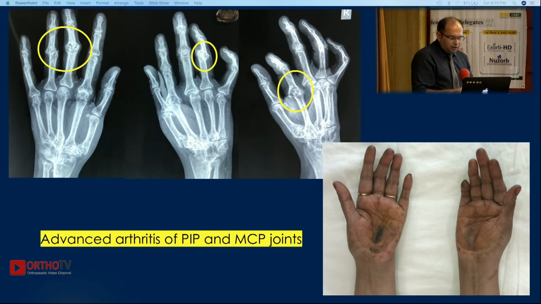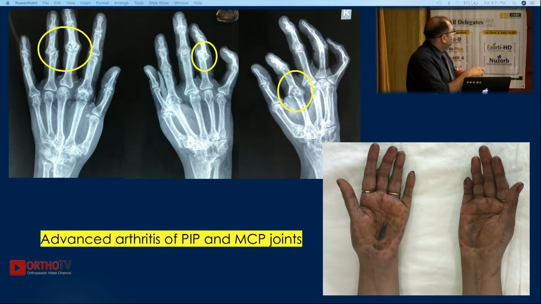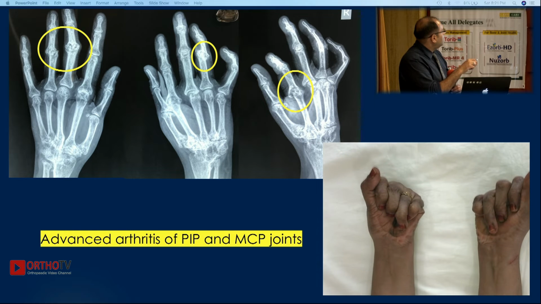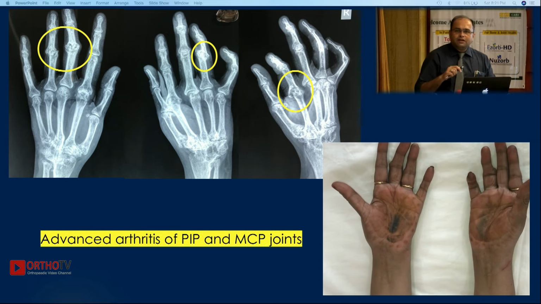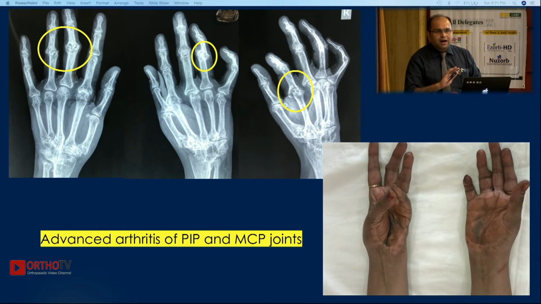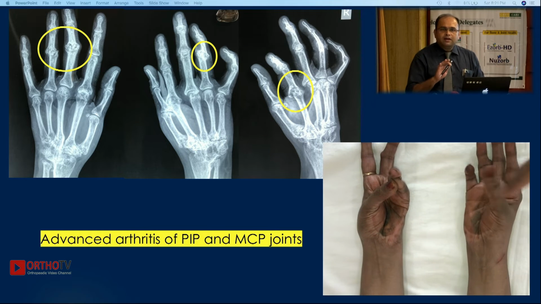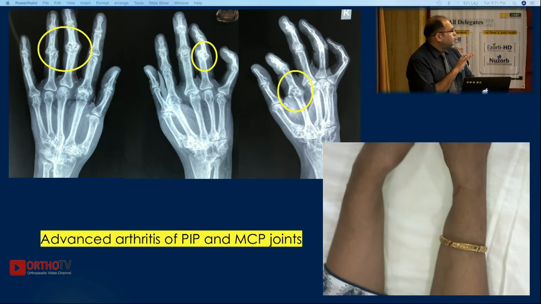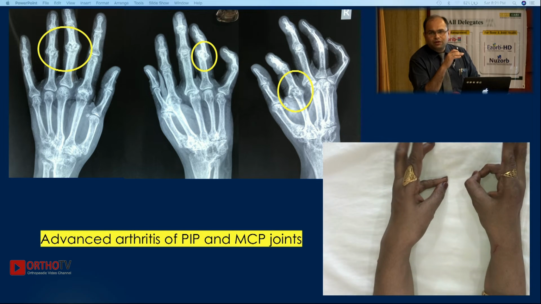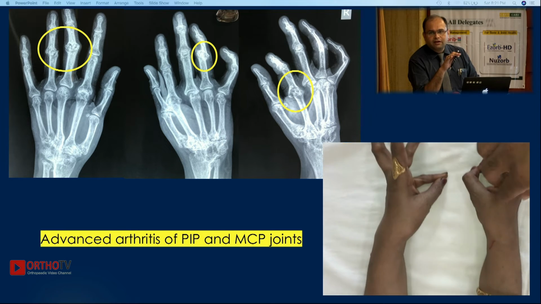So this is another picture that I would like to highlight. This is a very common scenario where we see multiple involvement, with complete destruction of the IP joint. Again, these patients have a visible bad deformity of the hand, but they are able to perform all the functions. Such patients we should usually refer to the rheumatologist, and we should not offer any surgical intervention.